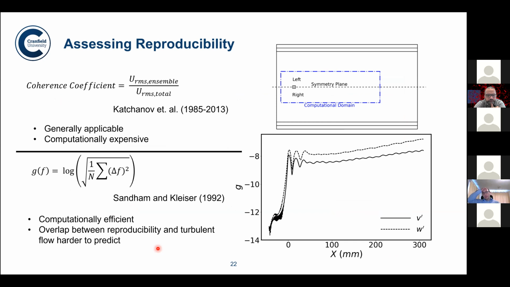Okay, so looking at how to assess the reproducibility. In experimental work, most of the time, or all of the experimental work on this, is usually based around the coherence coefficient, which is a statistical measure based on repeat readings.